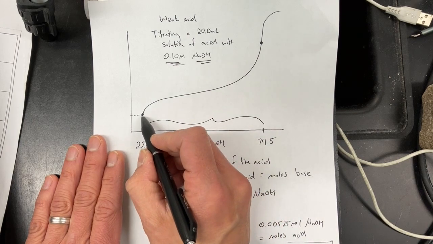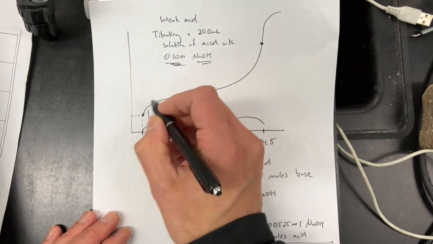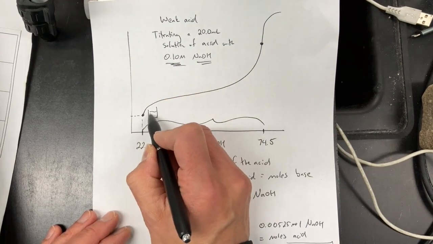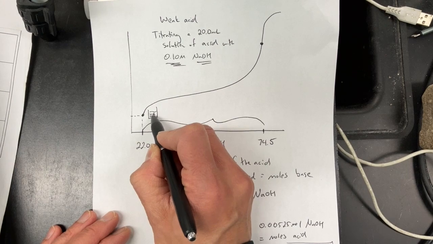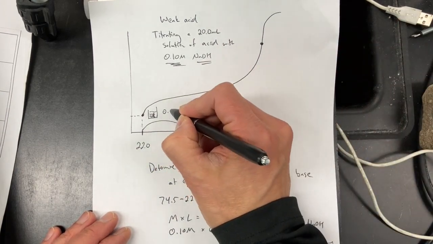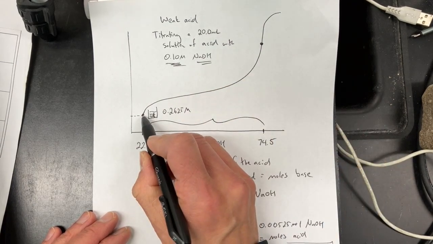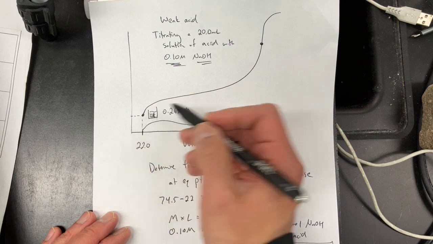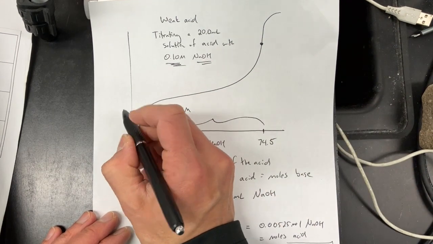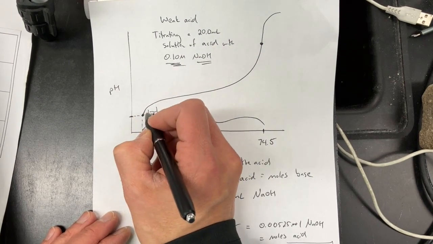And the acid is just chilling there. It's just an acid sitting there. Nothing's been titrated. I have just acid in here, HA, okay? So my 0.2625 molar acid at this point here, how do I get the Ka from this pH?